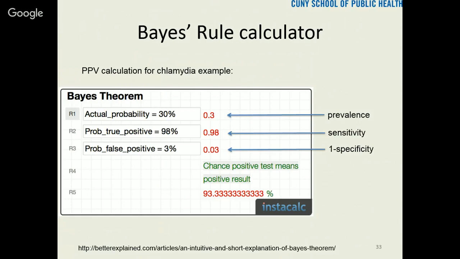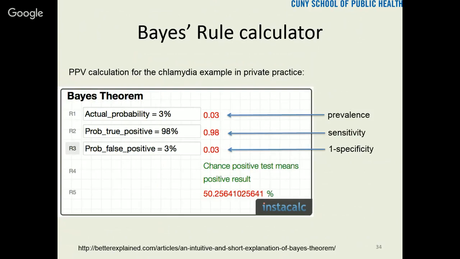So that things will not surprise you, such as, here is our example from the STI clinic with the high prevalence, 30%, the high sensitivity, and the high specificity, giving a 93% PPV.